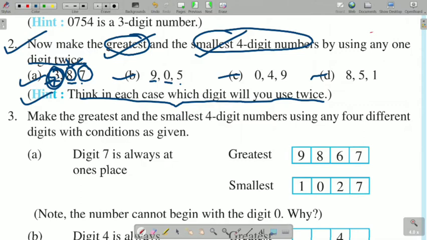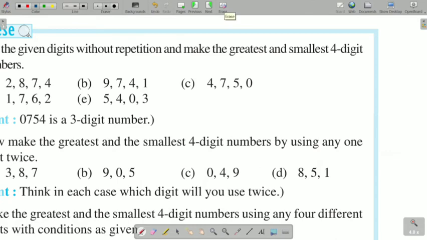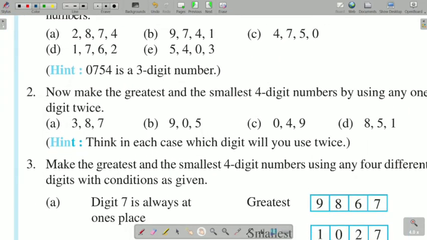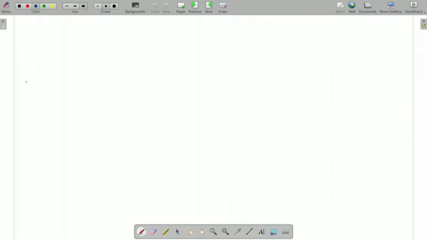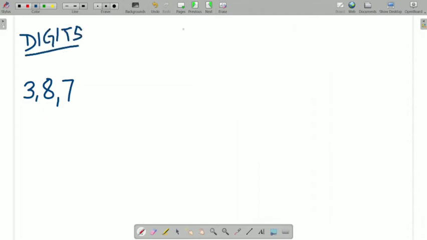So 387 were the digits. Now come to the next page. What were the digits? The first one was 3, then 8 and then 7. Okay, let me write here digits. First we are going to make the greatest number.